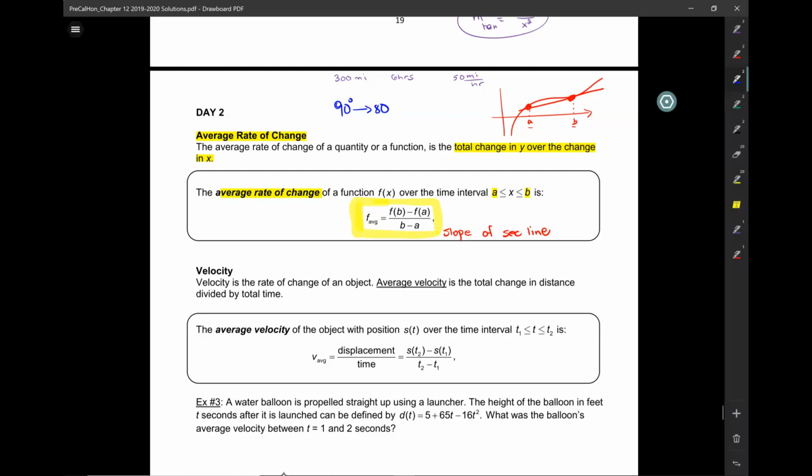The change in temperature, in science we use delta, so the change in temperature, delta T, is final minus initial, negative 10 degrees. And that negative is important because it says that, yes, the temperature changed by 10 degrees, but it's a negative change, meaning it went down. So it's always f of b minus f of a, final minus initial.